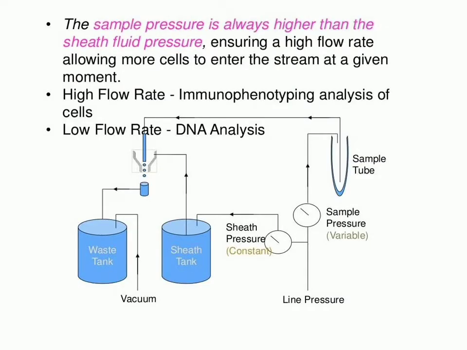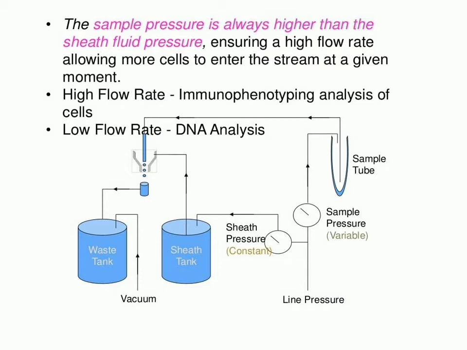The sample pressure is always higher than the sheath fluid pressure, ensuring a high flow rate, allowing more cells to enter the stream at a given moment. High flow rate is used in immunophenotyping analysis of cells, low flow rate in DNA analysis.